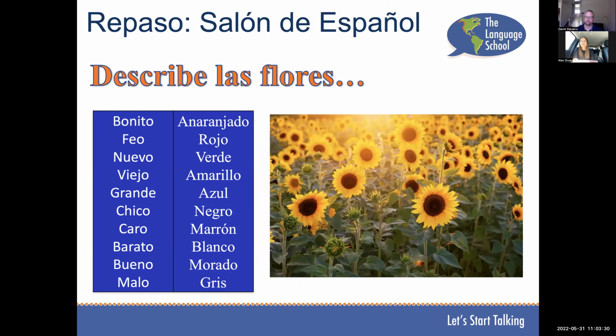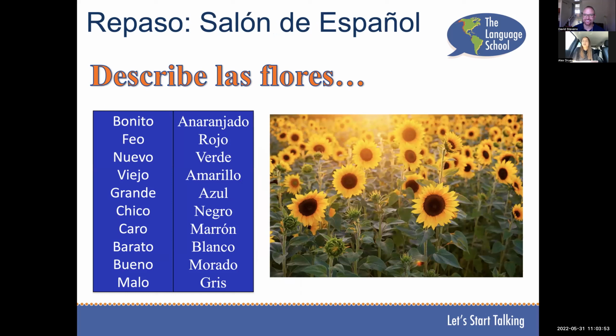Las flores es bonito. So here you'd say las flores son. Los flores son bonito y amarillo. Okay, so here you have to make those words line up to las flores. So bonitas y amarillas.